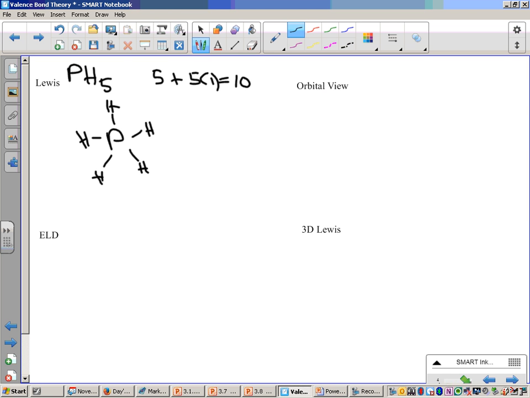Now here's where you say, uh-oh, the octet rule. I can't do that. But now you have to remember, phosphorus is in the 3rd row and below. Sure it can. If it's in the 3rd row or below, it can have an expanded octet. Theoretically, it could hybridize all those d orbitals. That would make it s, p3, and then what do I need? 5 more of them?